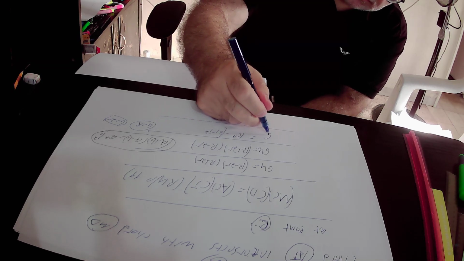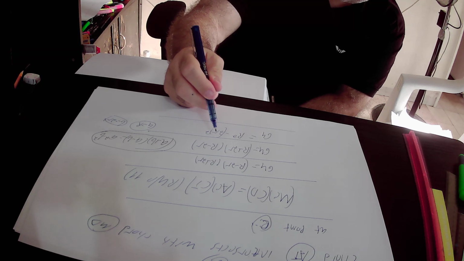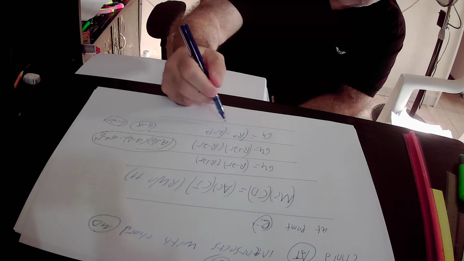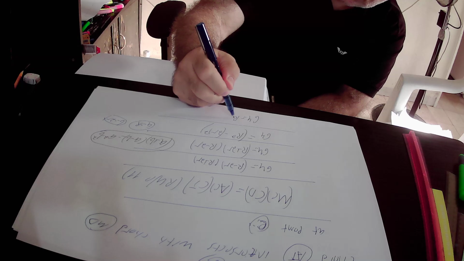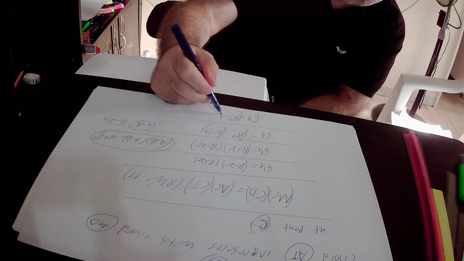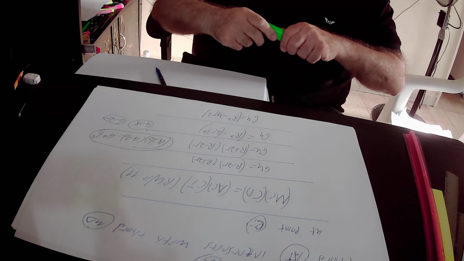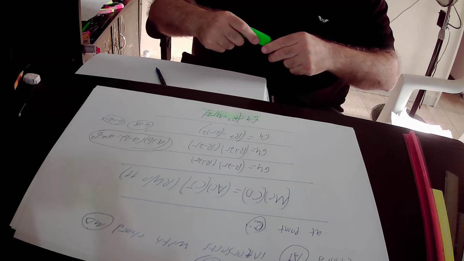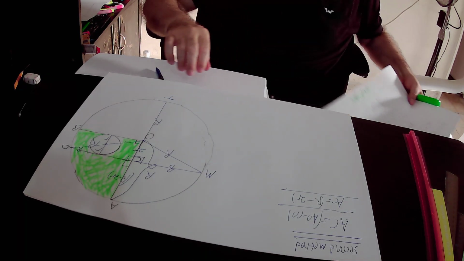So in conclusion, we found out that this expression, capital R plus 2R times capital R minus 2R, equals capital R squared minus 2R squared. That is to say, 64 equals capital R squared minus 2R squared, which is minus 4R squared. So in conclusion, 64 equals capital R squared minus 4R squared. Okay, but what is the area of the green shape?